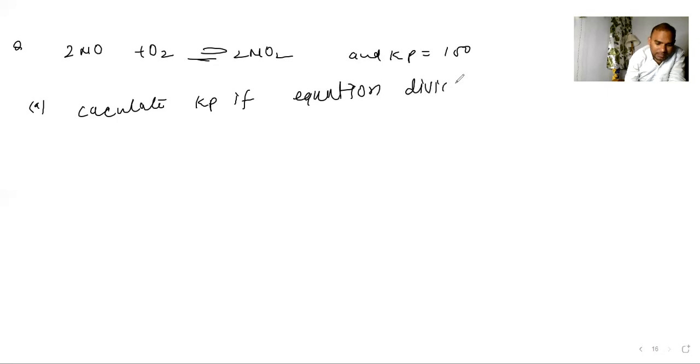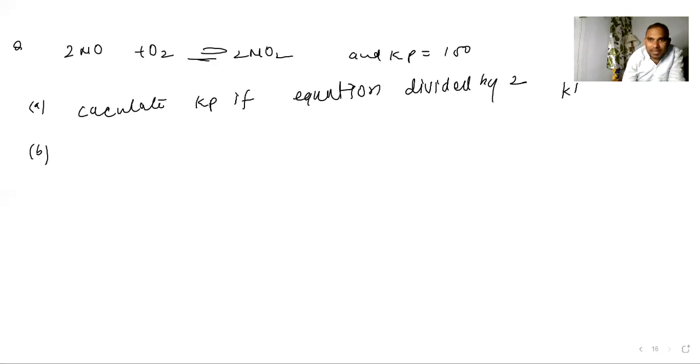Can you calculate this? If the equation is divided by 2, then Kp will also be divided by 2, right? So how much will it be? 50. No, wait. If the equation is divided by 2, this will be square rooted, so it will be 10.